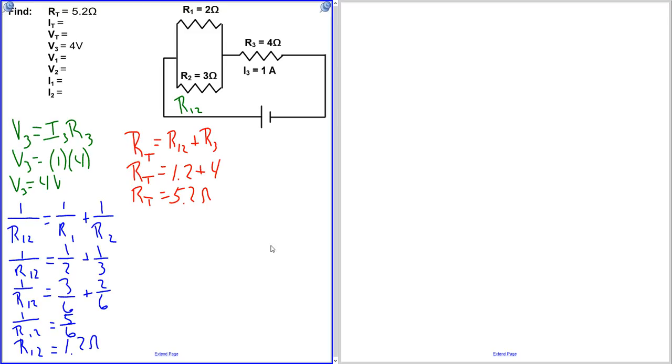Now I'm going to move on and find my total voltage.